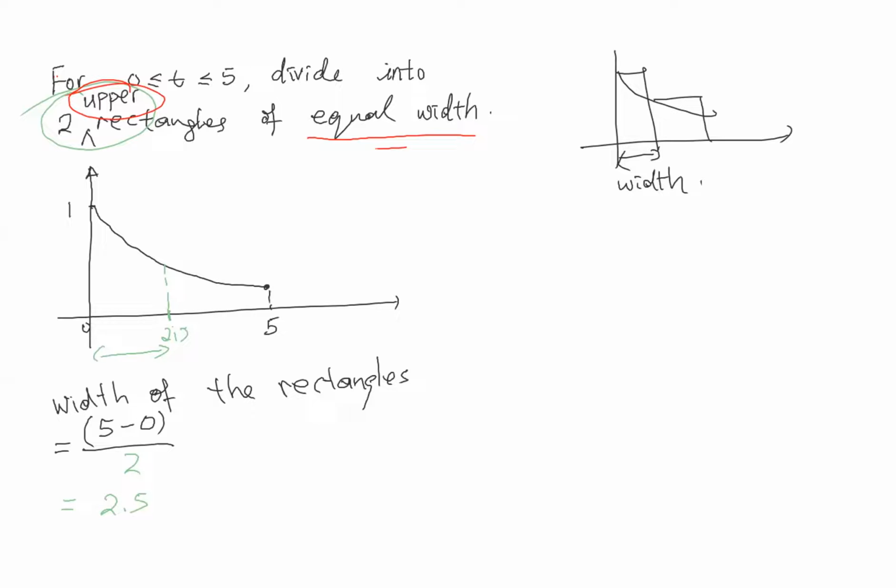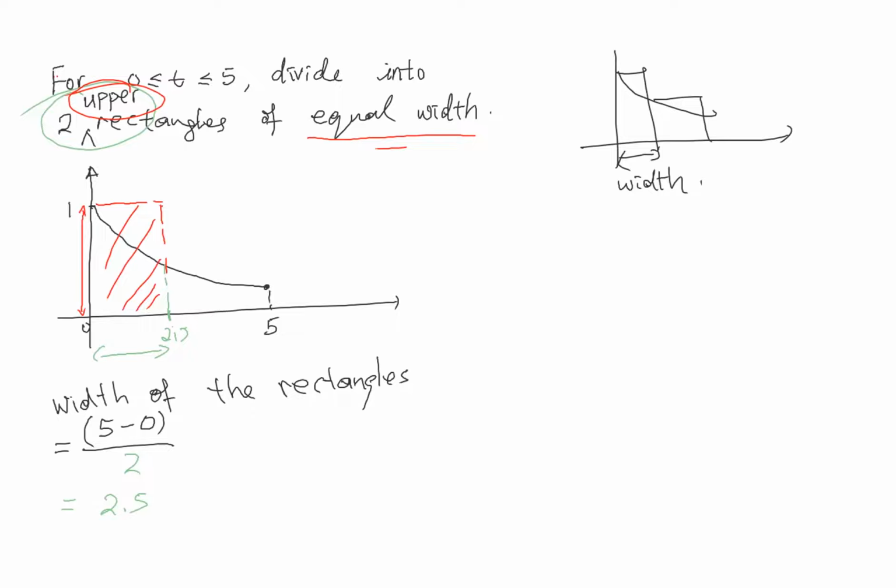This one is definitely taller, correct? It doesn't matter whether left or right. There are two sides of the rectangle, so you have to look at the two sides. The taller one will make the height of the upper rectangle. So I draw the first upper rectangle. Am I right?